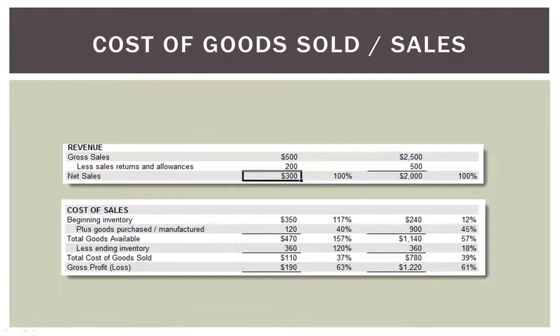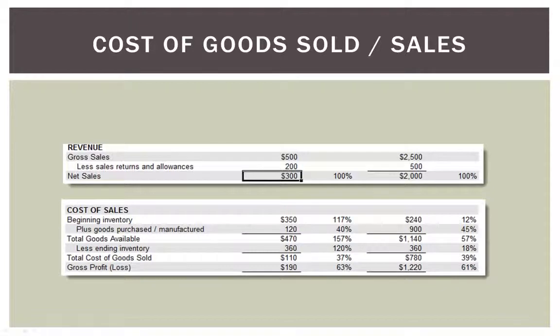Now below that, we had our cost of sales. So our beginning inventory at the beginning of the month was $350,000. We manufactured another $120,000. So our total goods available was $470,000. Then we take out our ending inventory to balance all that out.